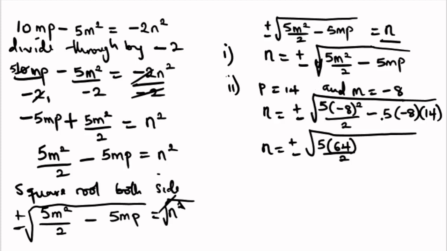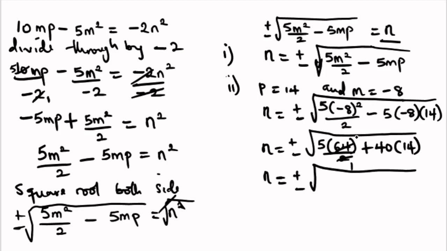Now minus 5 times minus 8 gives us plus 40 times 14. So we express further n equal to plus or minus square roots. 2 here 1, 2 in 64 will have 32. 32 times 5 gives us 160 plus 40 times 14 gives us 560.